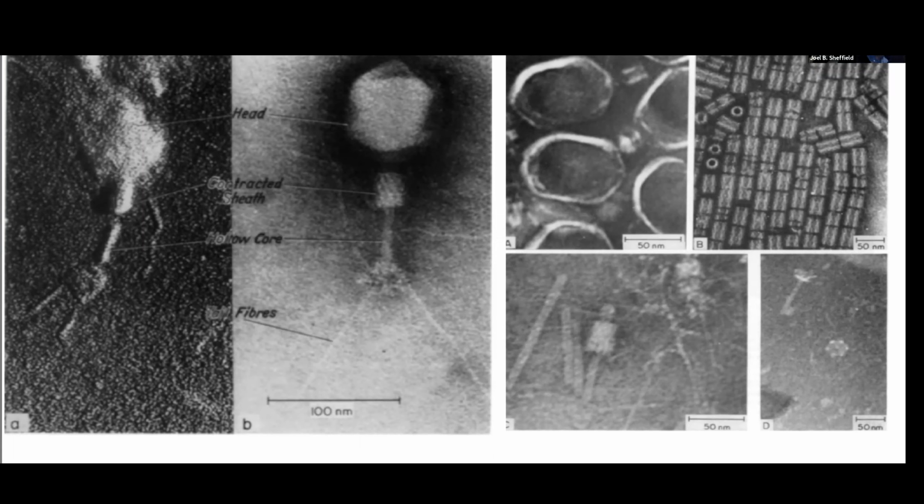But the structure of bacteriophage, this is the bacteriophage, probably T4, that was the basis for, again, an enormous amount of molecular biology, is shown here both in a shadowed version and over here in negative stain.